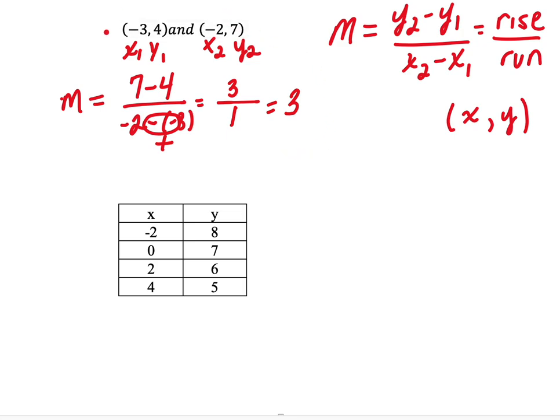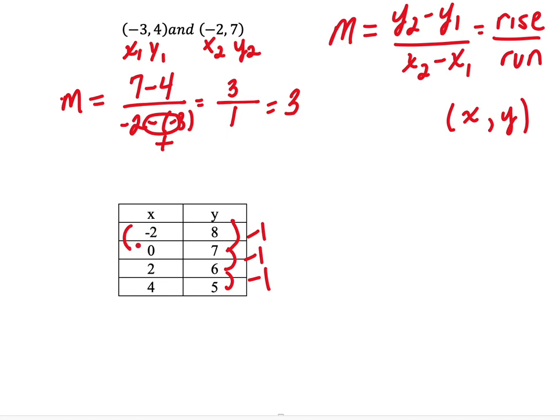If I graphed these two ordered pairs and sketched a line through them, 3 would represent the steepness of that line. We could also find the rate of change using a table. So same thing, we want to find the change of my y and compare that to the change of the x. So my y is changing by 8 to 7 by going down 1, negative 1, 7 to 6 by going down 1, and then again, going down 1.